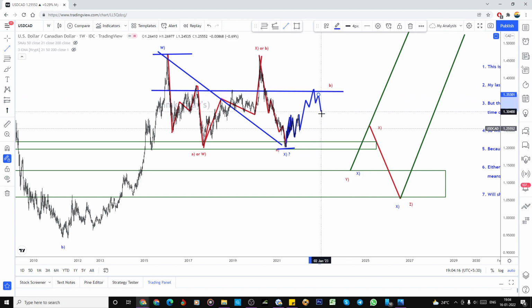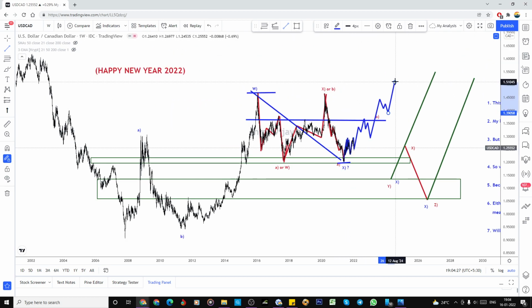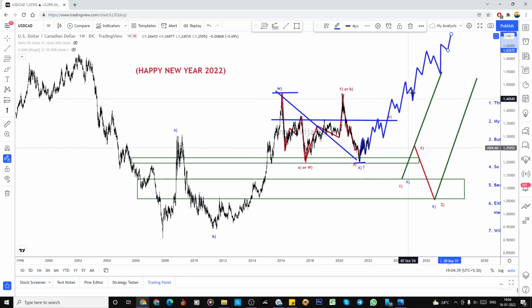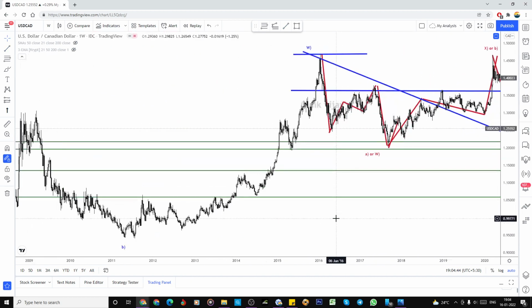Later on ABC is a 2, and whether it is a bigger one or again small, like this, this will become W and later X. So A, B and C. This is the third wave, and again one more fourth wave and one more fifth wave to reach the target. This kind of wave formation. Here also it did the same thing.